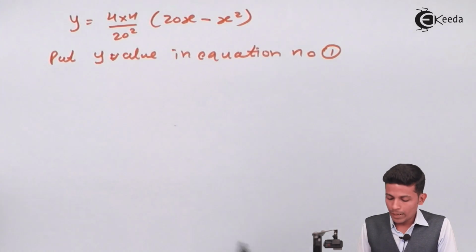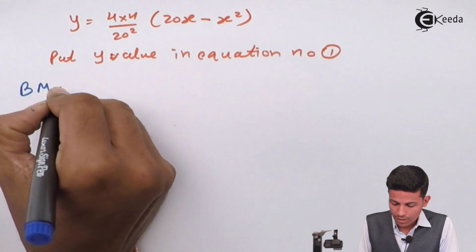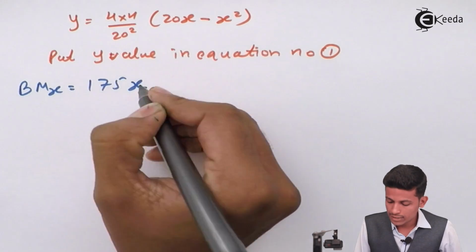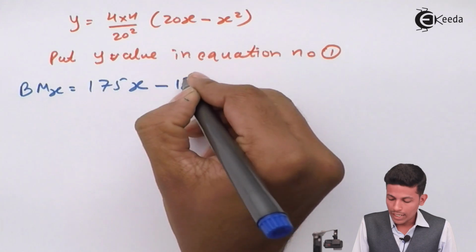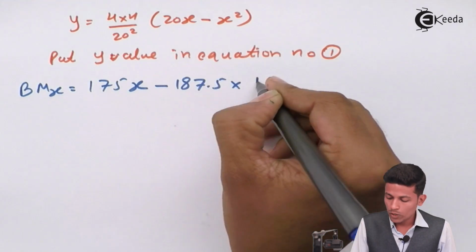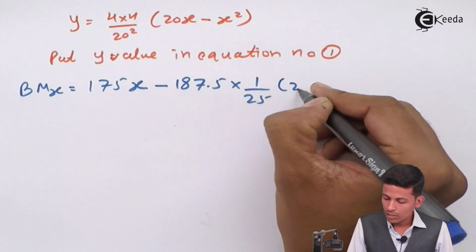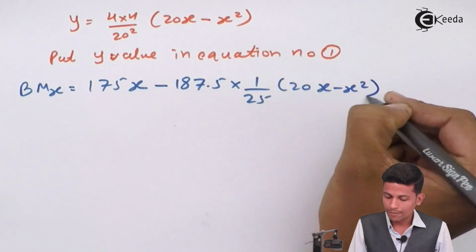So our bending moment at x will be 175 into x minus 187.5 into 1 upon 25, into (20x minus x square). While solving this you get the value also as 1 upon 25, 20x minus x square.